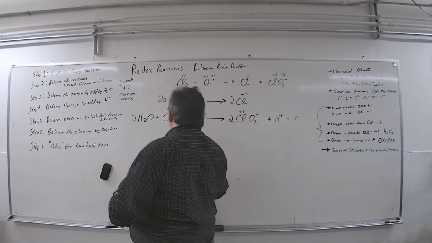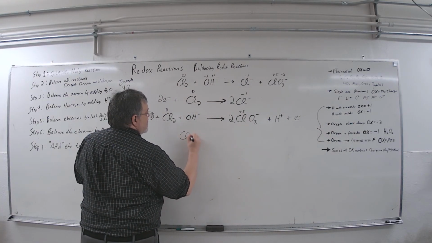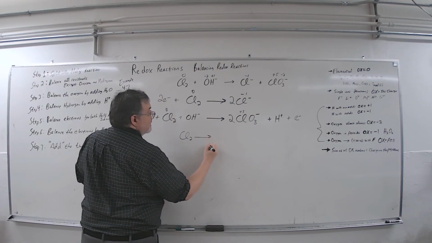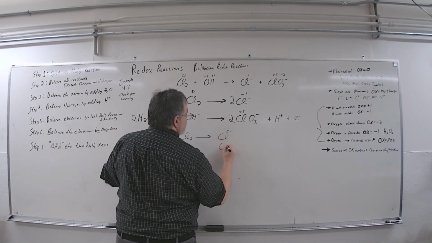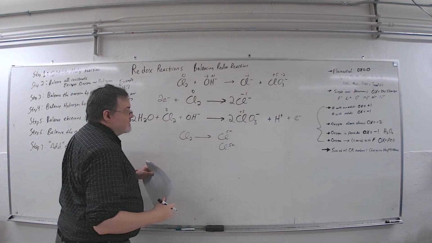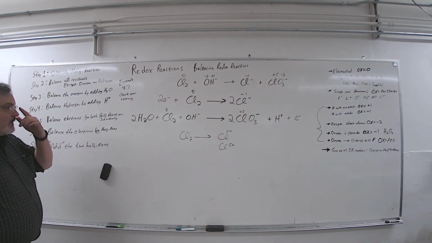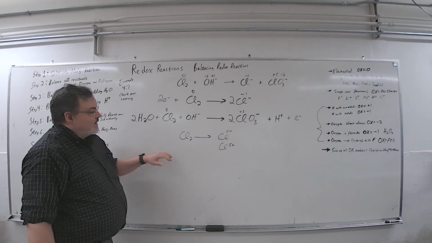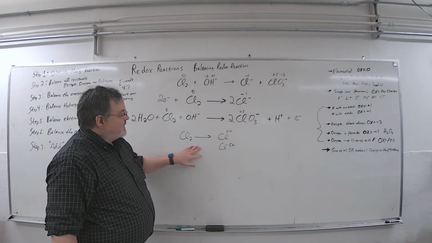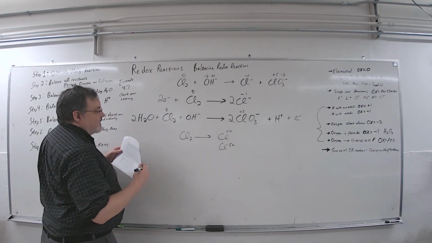How many? I've got Cl2 to two Cl plus 5. I'm really just doing this to see if I can do it, like this as an example. So a total of 10 electrons has to come off here.